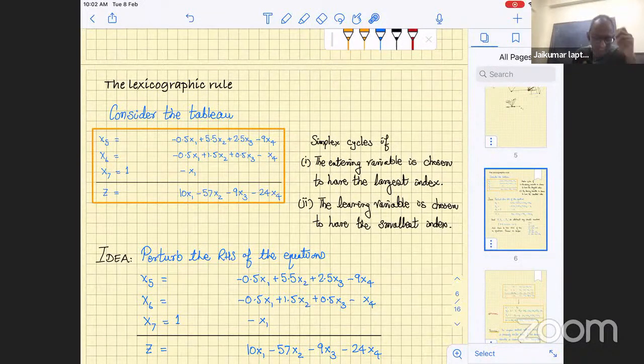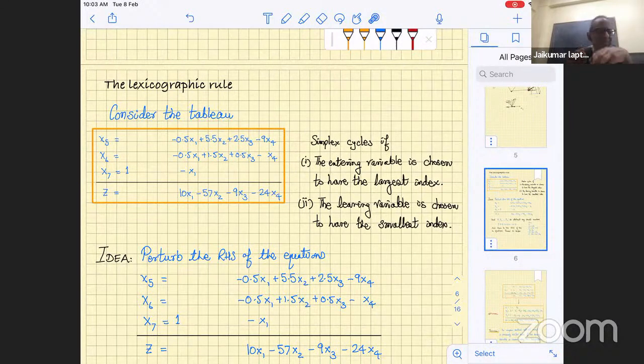So the idea is this. When cycling happens, it is just because of some coincidence. That is, there were a certain number of equations that were supposed to be tight at some point. If you are working currently in some m dimensions, there should have been m equations that are tight.